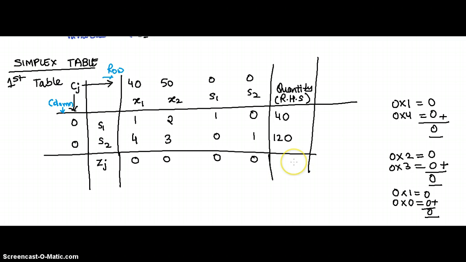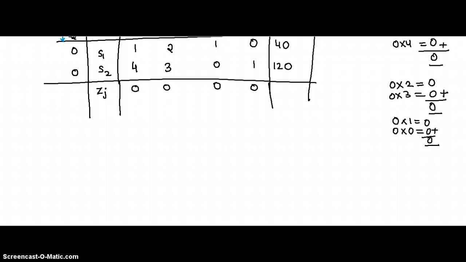How will we get the value for this? 0 multiplied by 40. We write it here. 0 multiply 40, which is 0. 0 multiply 120, which is also 0. And when we add them, we will get again 0.